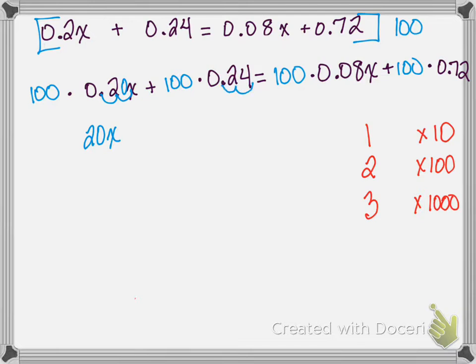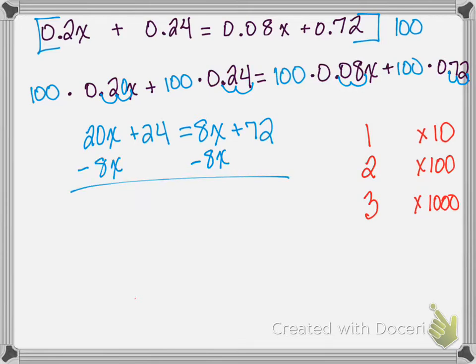Here, I move it 2 spaces. I've got 24. Here, I move it 2 spaces. I get 8x. And then 72. And we know how to solve that. Okay, we're going to subtract 8x from both sides. Okay, so I'm left with 12x plus 24 equals 72.